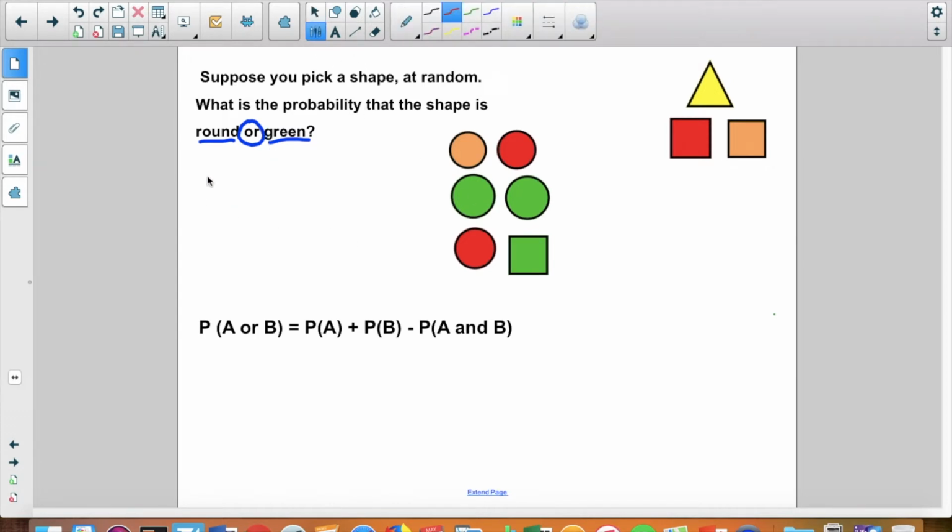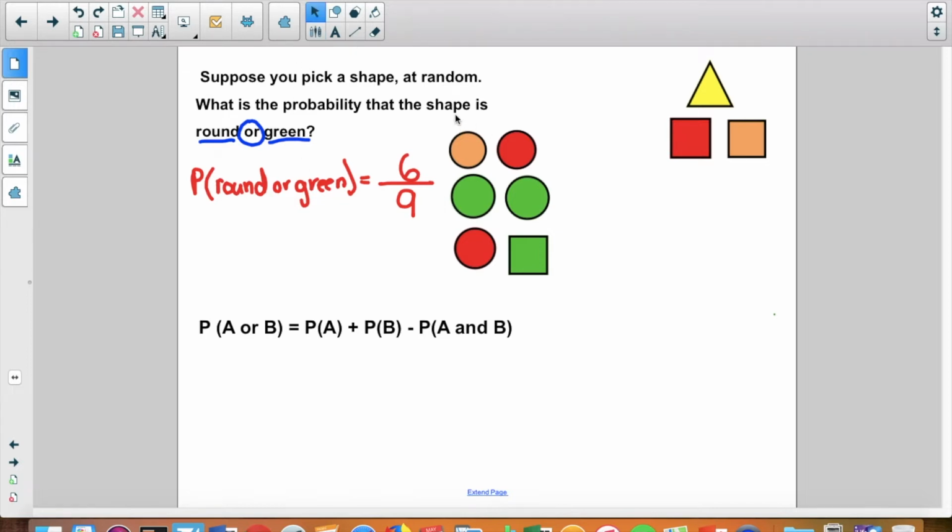So we're just going to find the probability of round or green. So our total possible outcomes go on the bottom, and we have 1, 2, 3, 4, 5, 6, 7, 8, 9 total shapes. And of those 9 shapes, 1, 2, 3, 4, 5, 6 were round or green.